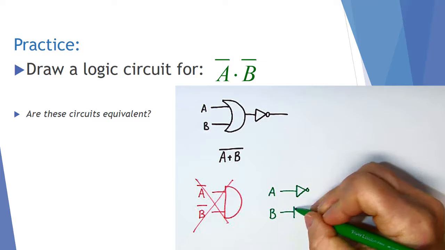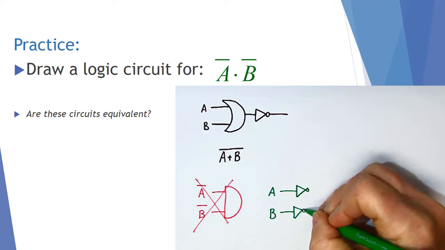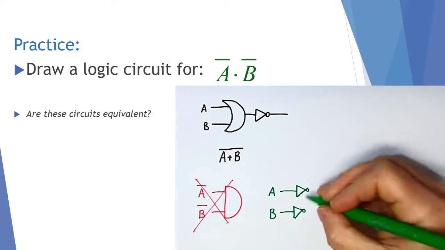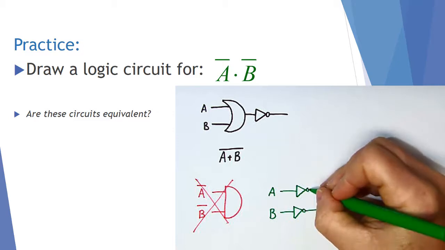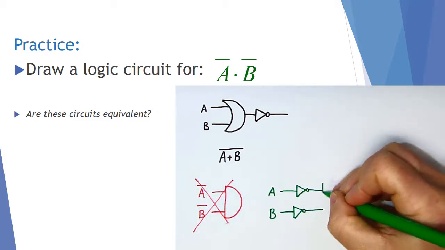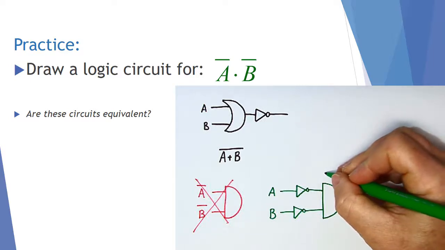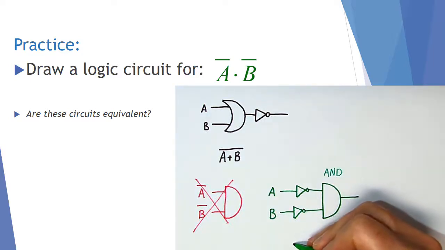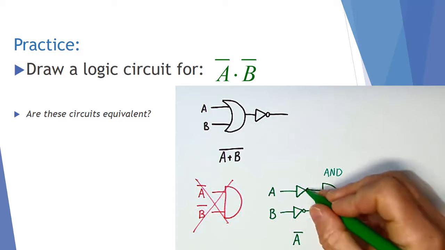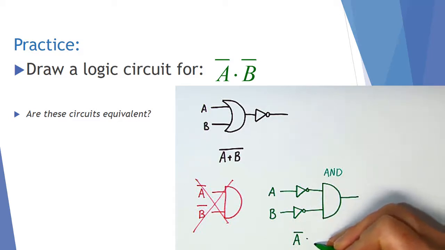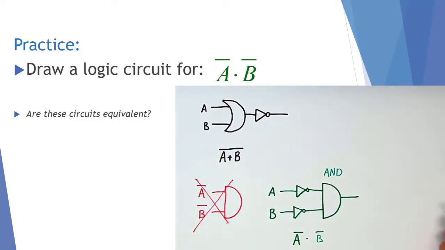So we have the negation of A and the negation of B. Now, after they've been negated, those two can be fed into an AND gate that represents multiplication. And there's the circuit that represents the negation of A right there and the negation of B right there, joined by that AND gate. Now, are these circuits equivalent?